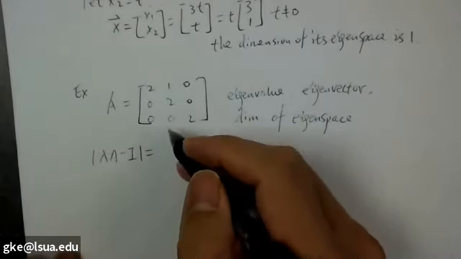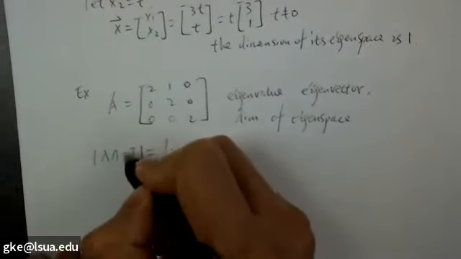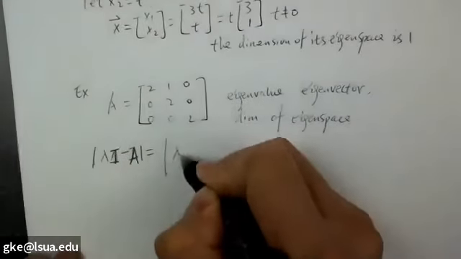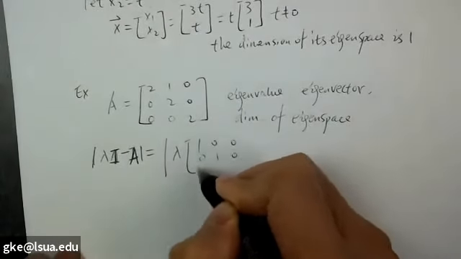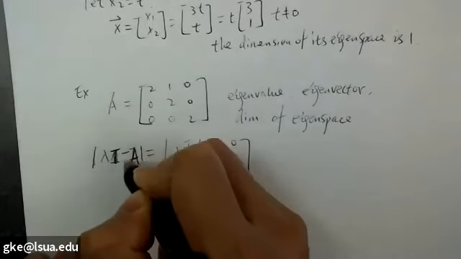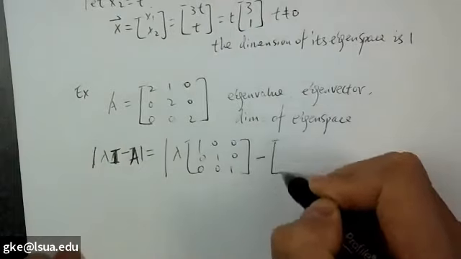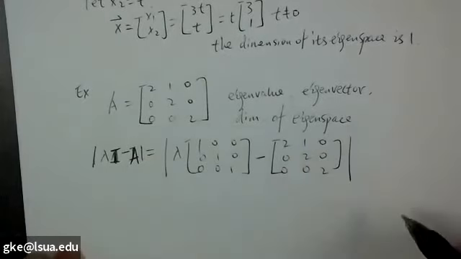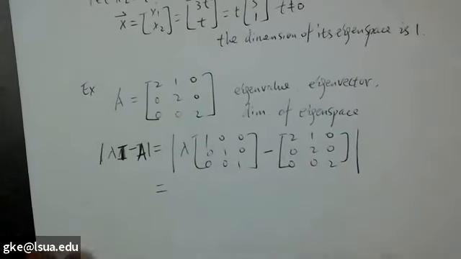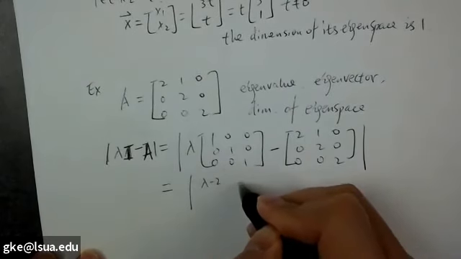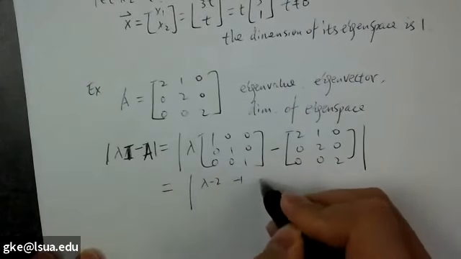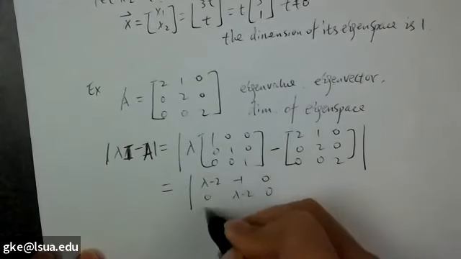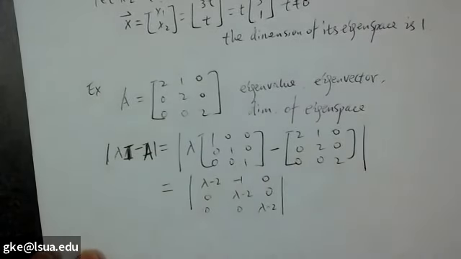So for the eigenvalue, we're gonna take the determinant of lambda I minus A, and this will boil down to a triangular matrix.